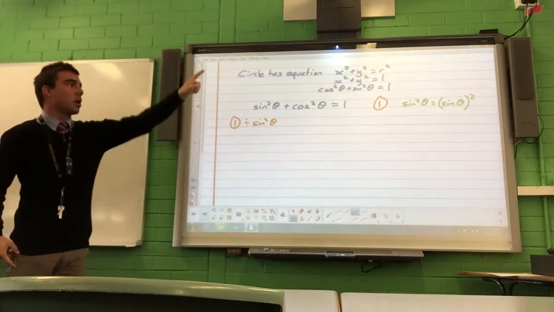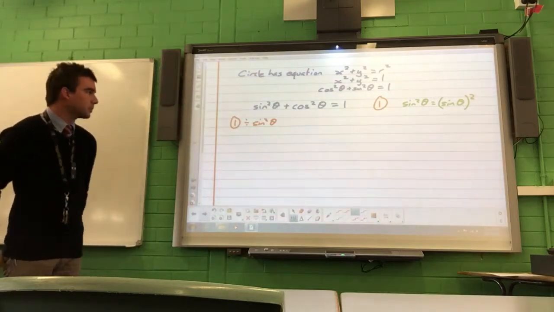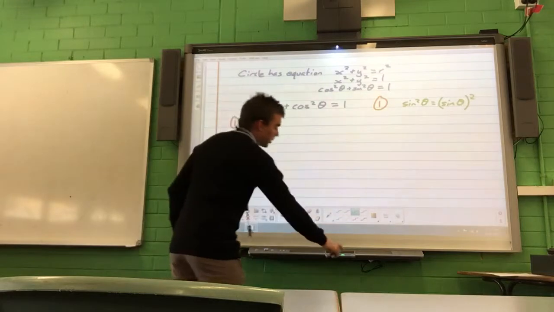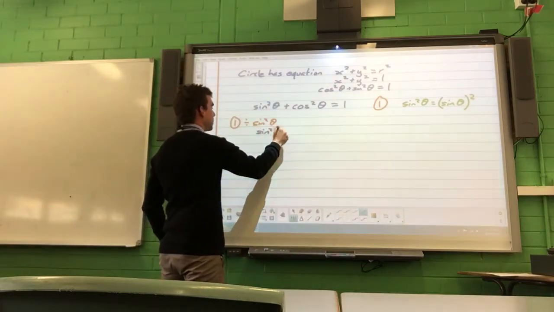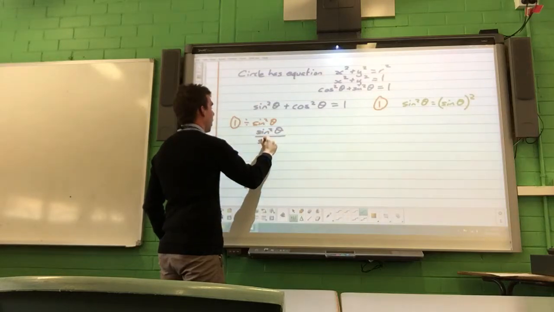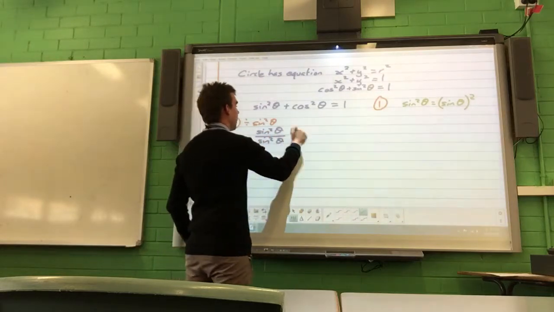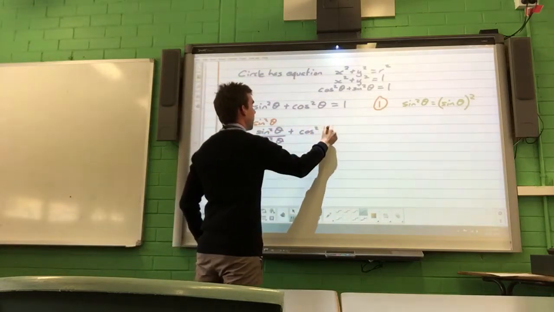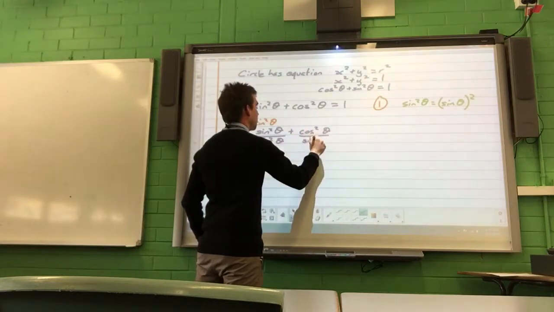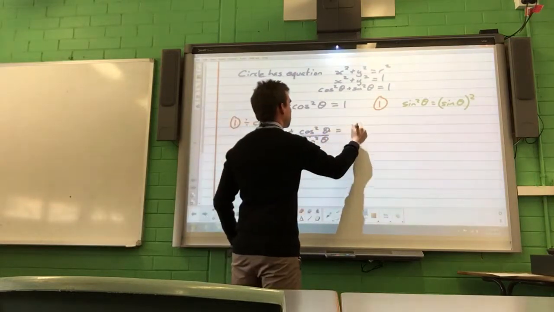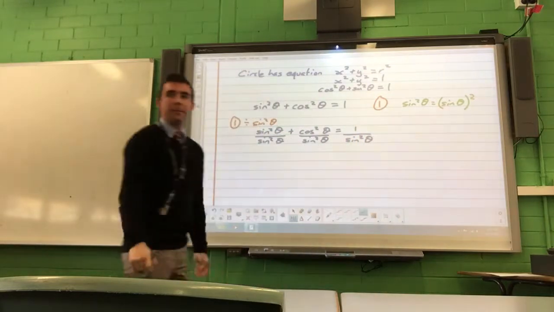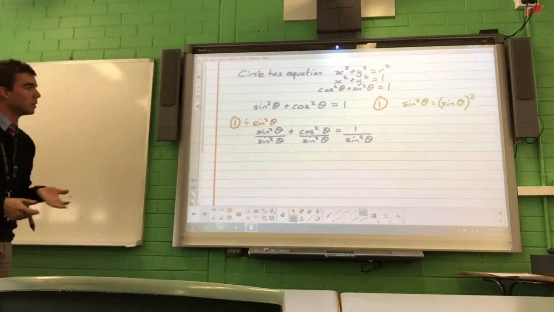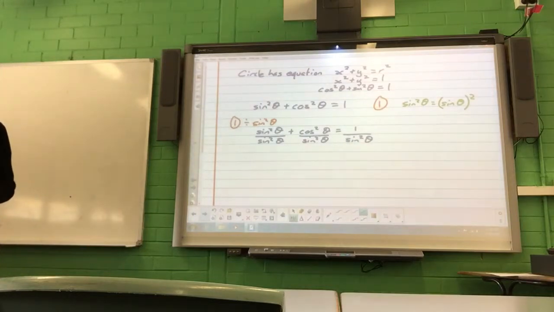You need to know that's what it means. So let's divide that equation by sine squared of theta. We have sine squared of theta over sine squared of theta plus cos squared of theta over sine squared theta, which is 1 over sine squared theta. Everything is getting divided by sine squared of theta from equation 1.